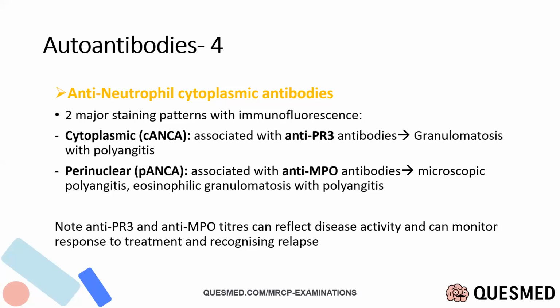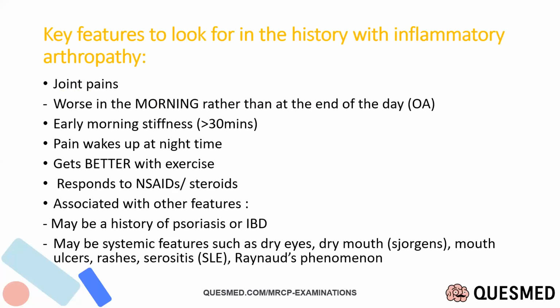And just to be aware that you can get a positive ANCA without the presence of anti-PR3 or anti-MPO. And clinically, we often say that that's not significant. We only tend to care about ANCA if one of those antibodies is associated with it. And we use those antibody titers to reflect the disease activity as well. And it can help monitor the response to treatment and if a patient's relapsing.